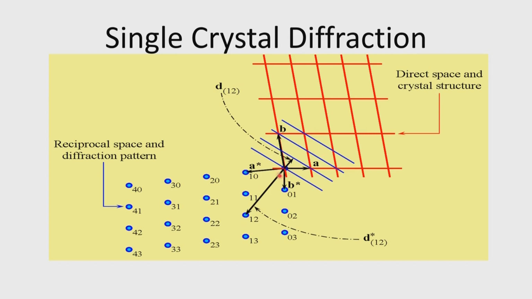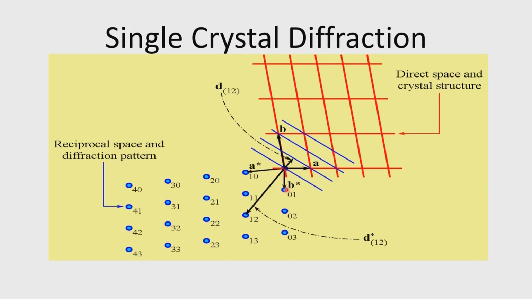The angle between A star and B star will be 180 minus gamma, because this whole thing has to be 360 degrees. So, you have the gamma value here, and 180 minus gamma will define the A star B star direction.